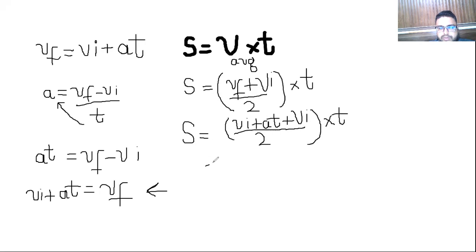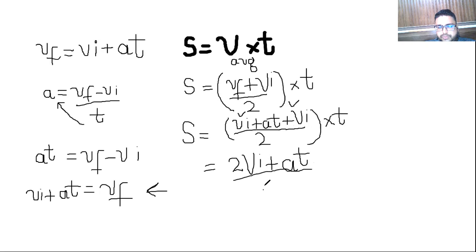Okay, so if you can see here in the equation, we have two Vi. One is here, another one is here. So we know that Vi plus Vi will become 2Vi plus At divided by 2, and don't forget to use brackets, multiply it with time.